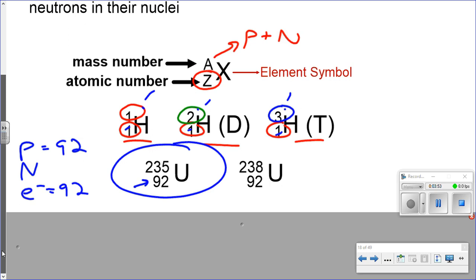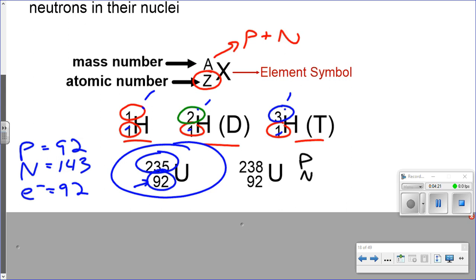The question is, how many neutrons does it have? Well, if this number is protons plus neutrons, and this number is protons, then what should I do with those two numbers? You probably should subtract them. So 235 minus 92 is 143. So this has 143 neutrons. Going with this uranium over here, this is a different isotope of uranium.